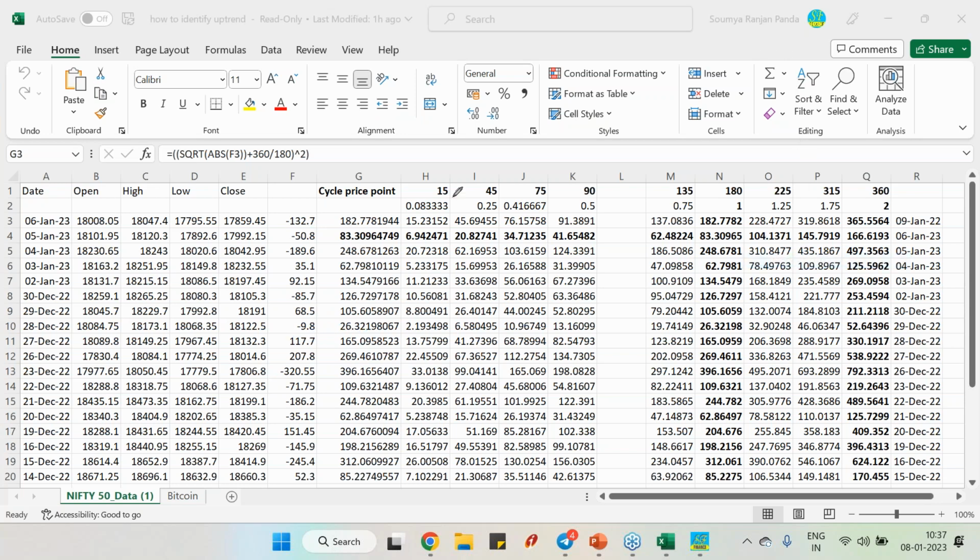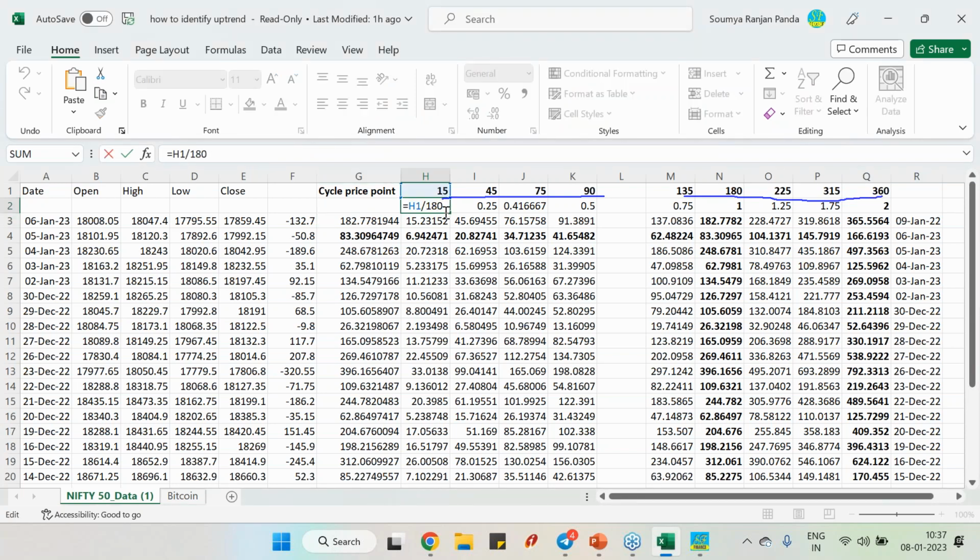Now, minor cycle turning points are 15, 45, 75, 90. Major is 135 to 360. So here we have to take the degree factor. What is the 15 degree factor? We divide 15 by 180. Same process, the 45 degree factor is 45 by 180.